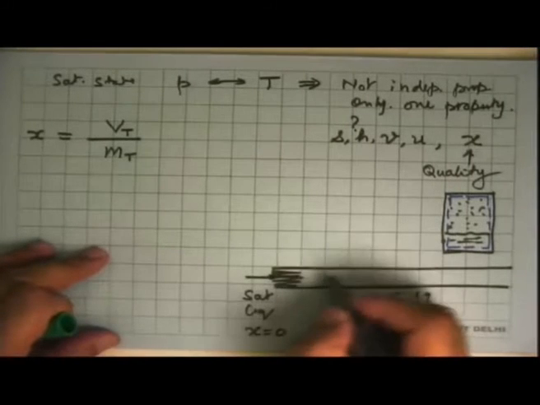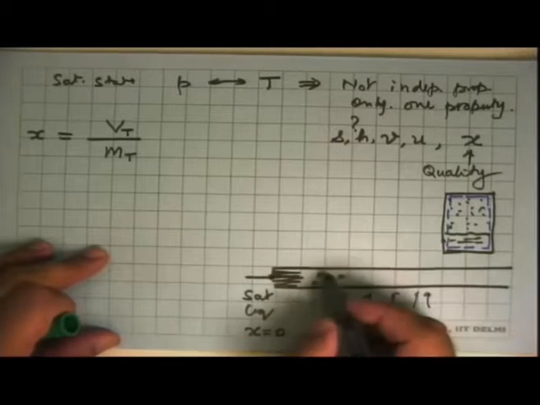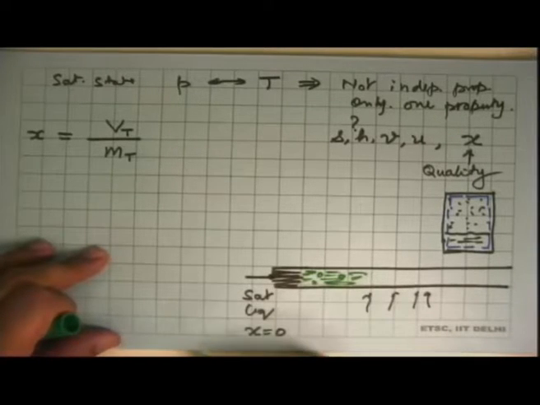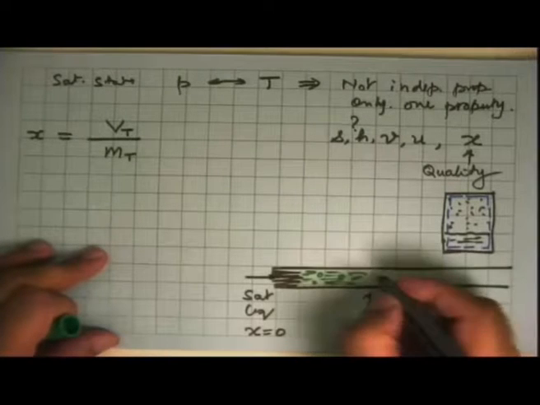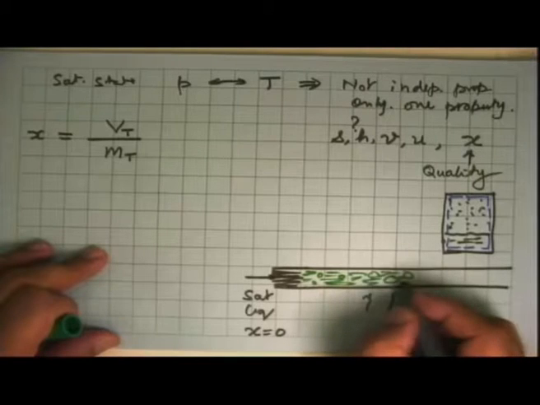As some heat is added, it forms small vapor bubbles which are largely floating in saturated liquid. As more heat is given, these bubbles become bigger and they still surround the liquid.